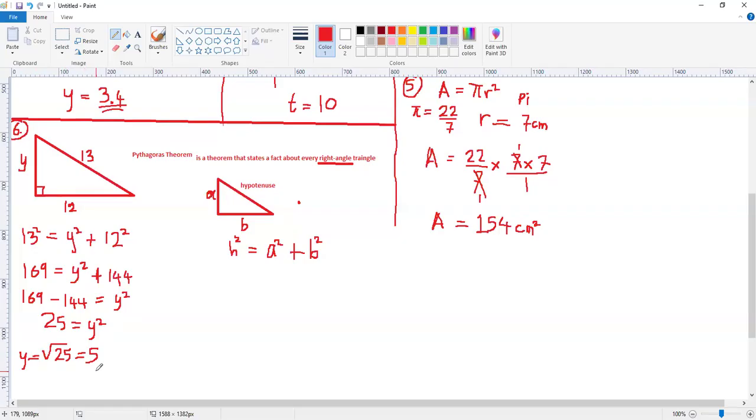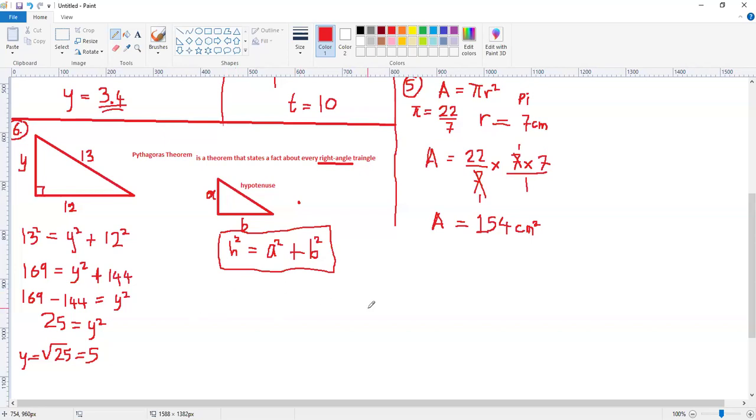Okay, so did you see how simple it was to solve the question? It was quite straightforward, right? But guess what? We had to start with the Pythagoras theorem, isn't it? So you can go ahead and write it down. Okay, good.